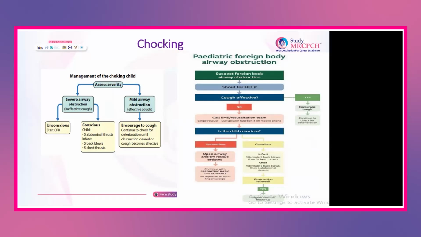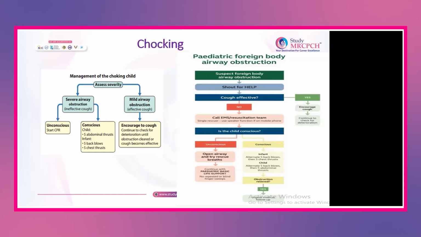When we suspect a foreign body in the airway of the child, after asking for help, we need to see if the cough is effective, and in that case we just encourage the cough to let the object obstructing the airway come out.